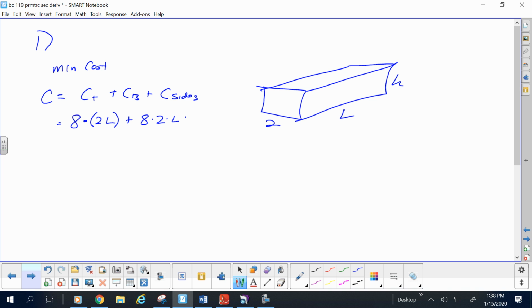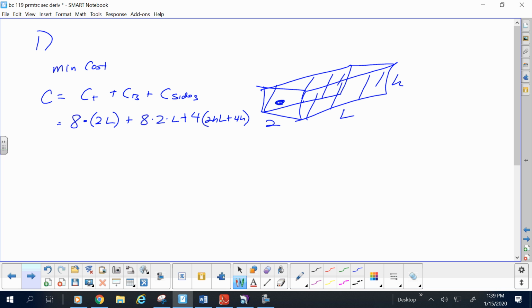The cost of the sides, they're $4 per square meter. How many square meters to all the sides? 2HL and so there's 1HL and there's 1HL, and then I also need 2 H's. So 4 H's, yeah?